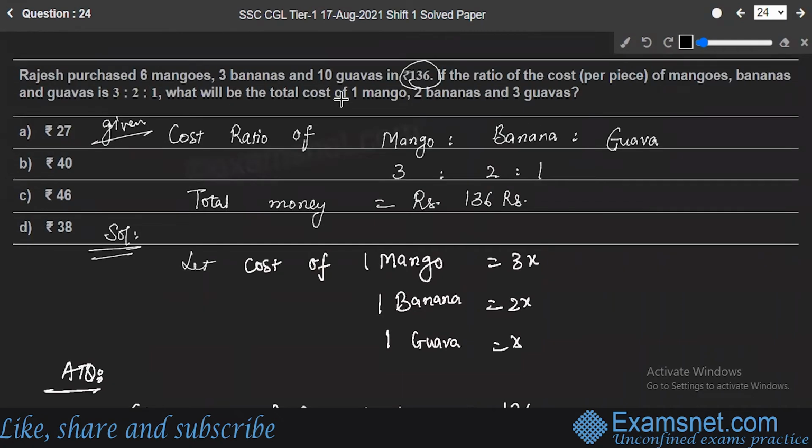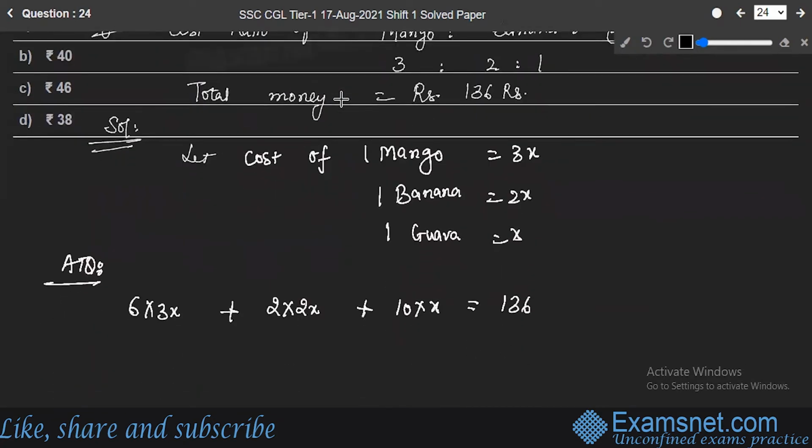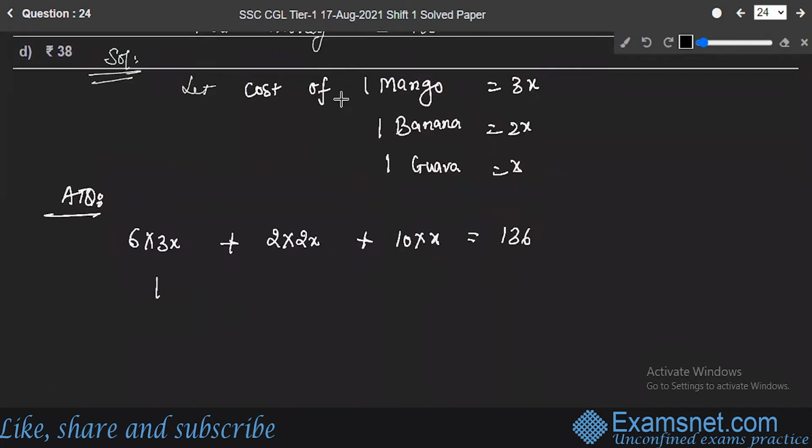See, in the question it is given 6 mangoes, 3 bananas and 10 guavas, the cost in total is 136. So this gives you 18x plus 6x plus 10x is equal to 136, which gives you 34x is equal to 136 or x is equal to 4.